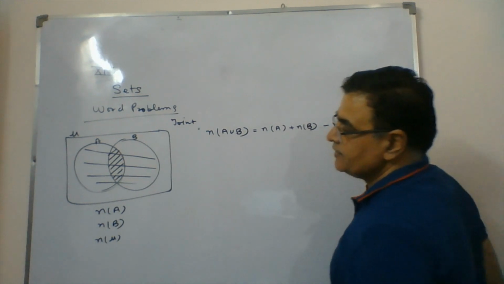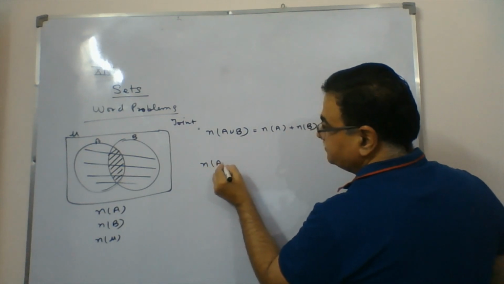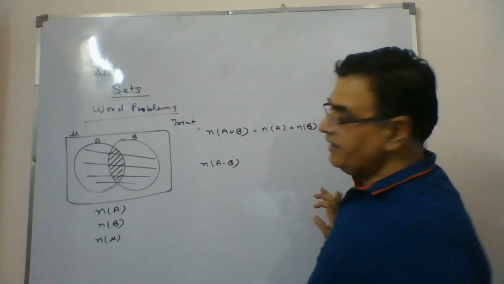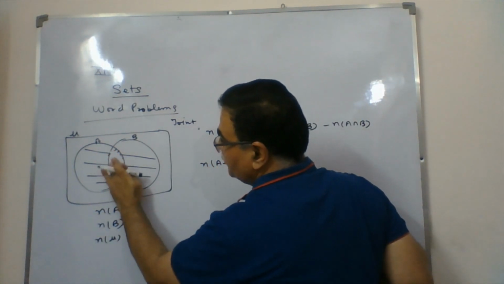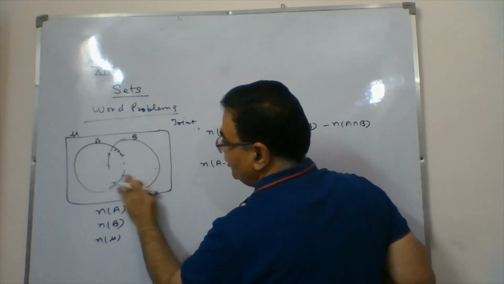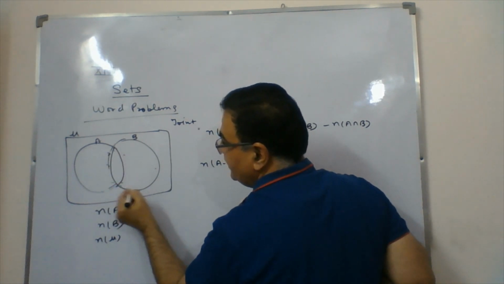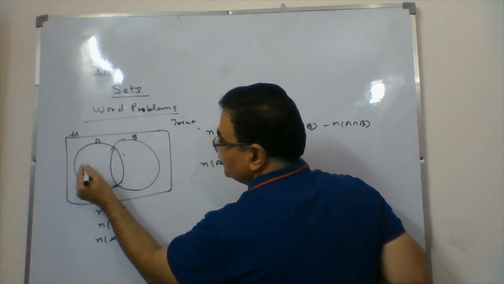Second thing, one more result, if you want n(A minus B). n(A minus B) means only this portion will be taken. So it is n(A minus B), that is this portion.